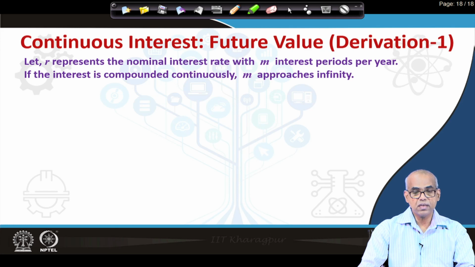Let R represent the nominal interest rate with m interest periods per year. If the interest is compounded continuously, then m will approach infinity, because the number of periods will be extremely large and the length of the period will be very, very small.